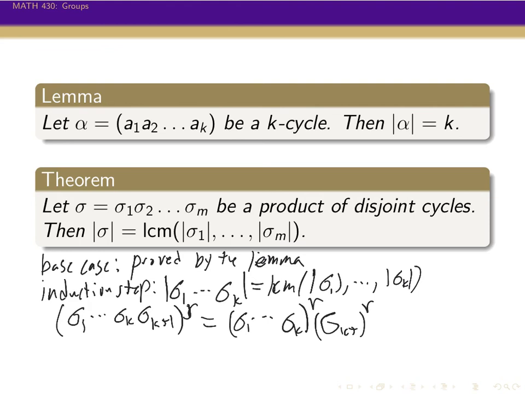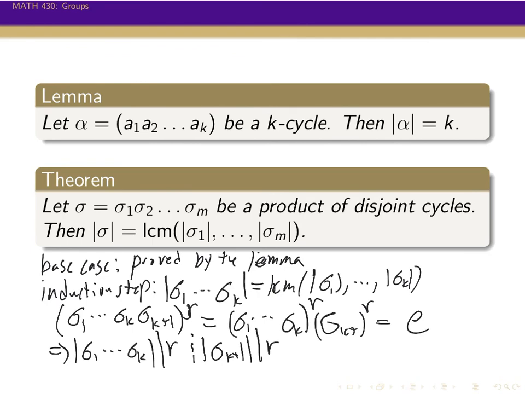Well, we only have the identity if both of these individually are the identity, because they don't really share anything in common. Okay? And so if this equals the identity permutation, well, then by what we know with orders, that means that the order of sigma 1 through sigma k has to divide r, and the order of sigma k plus 1 has to divide r as well.